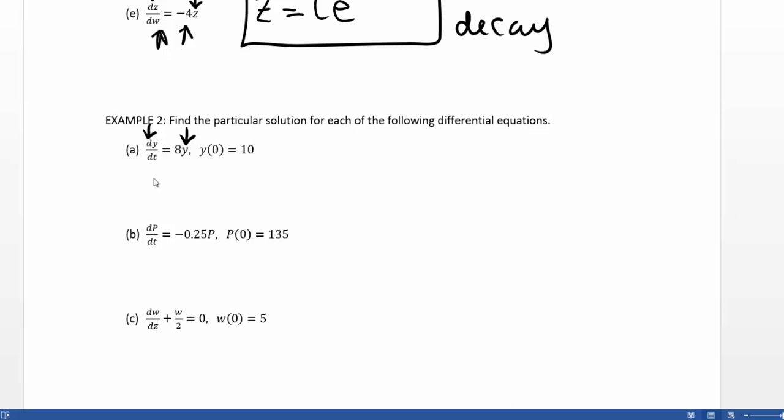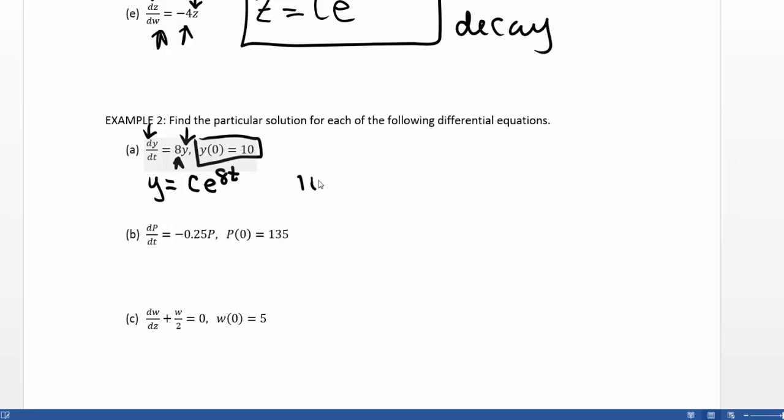So that allows us to write this in exponential form. So y equals CE to the 8 is our k, t. That's our general solution. Now, if we want our particular solution, we have to use the fact that when t equals 0, y equals 10.